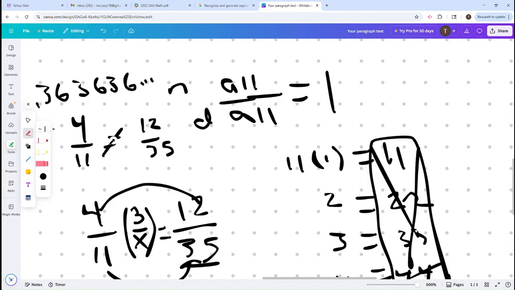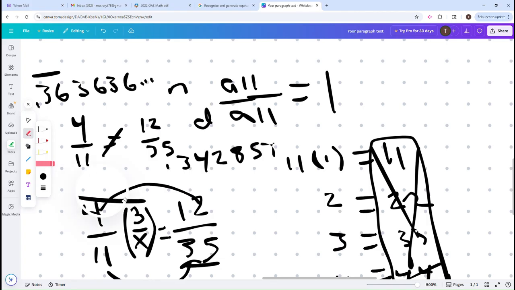And this is basically just 0.36 with a line right over it, which equals 0.36363636. Now, 12 divided by 35 is 0.342857.